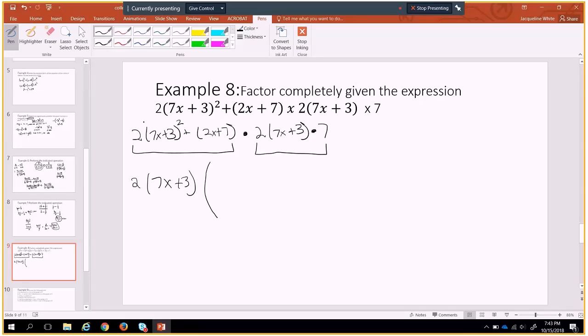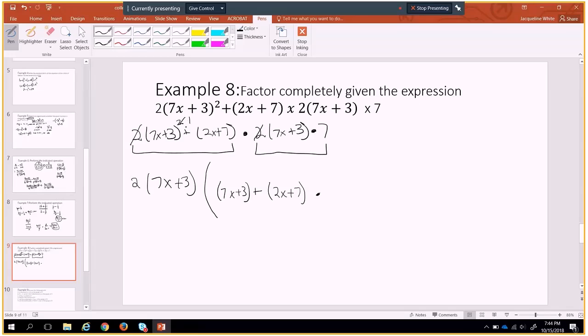And now we work with this side. We took a 2 out, so this guy's canceled. We took one 7x plus 3 out. But remember, this is to the second power. So one 7x plus 3 is still there. So 7x plus 3 plus a 2x plus 7 times, we took a 2 out, so that's canceled.